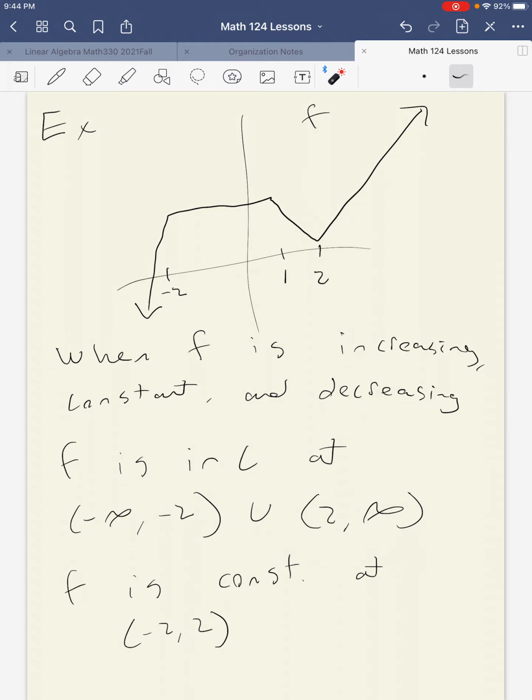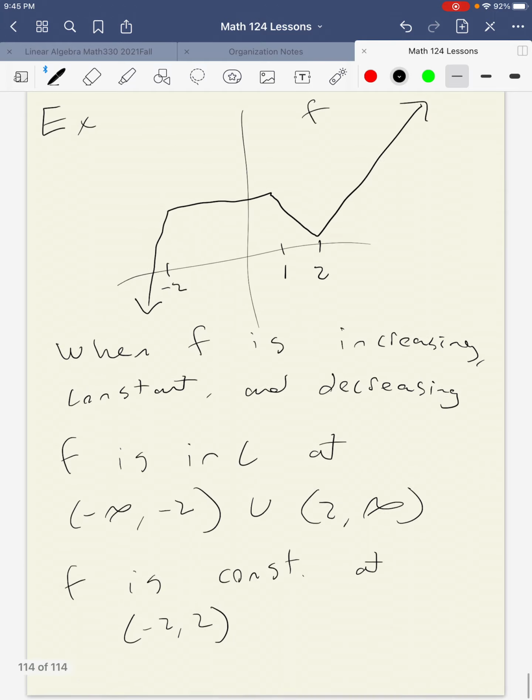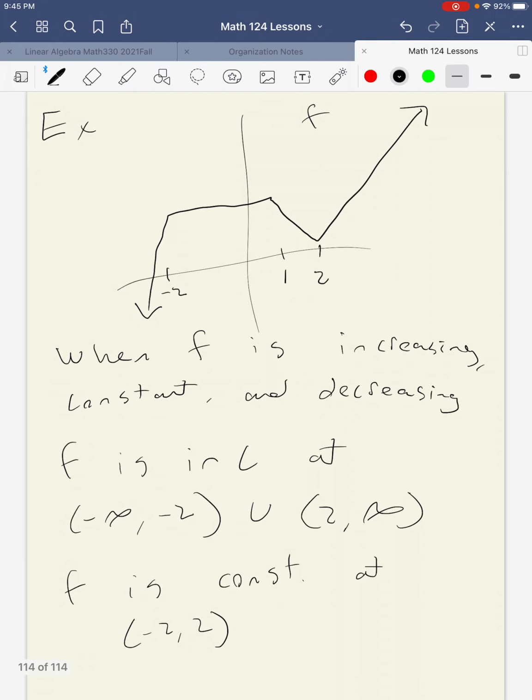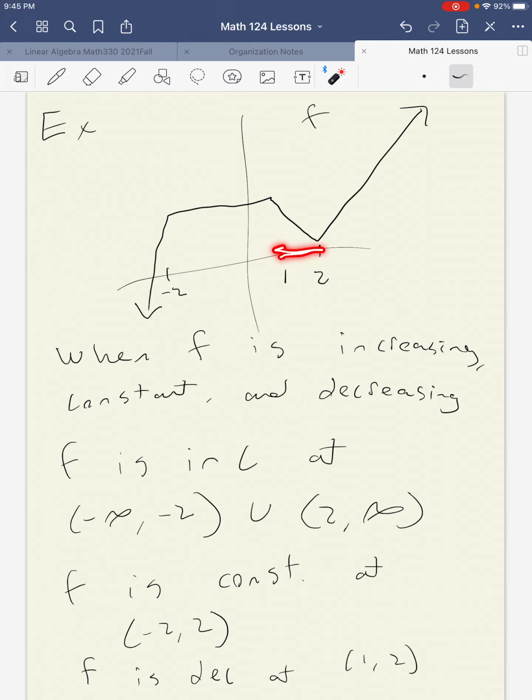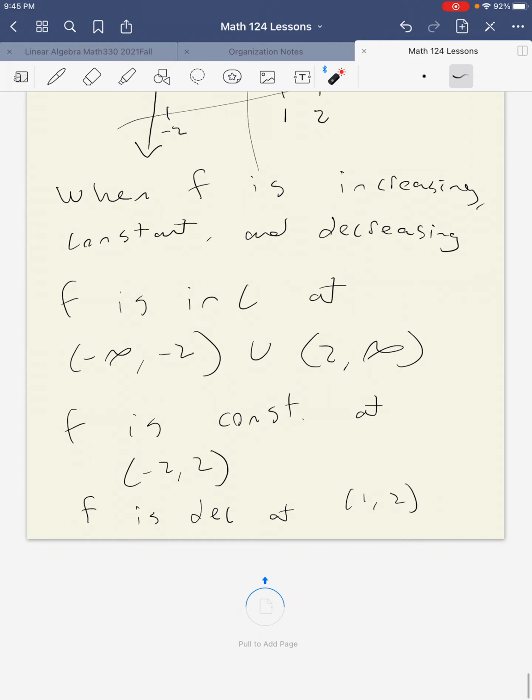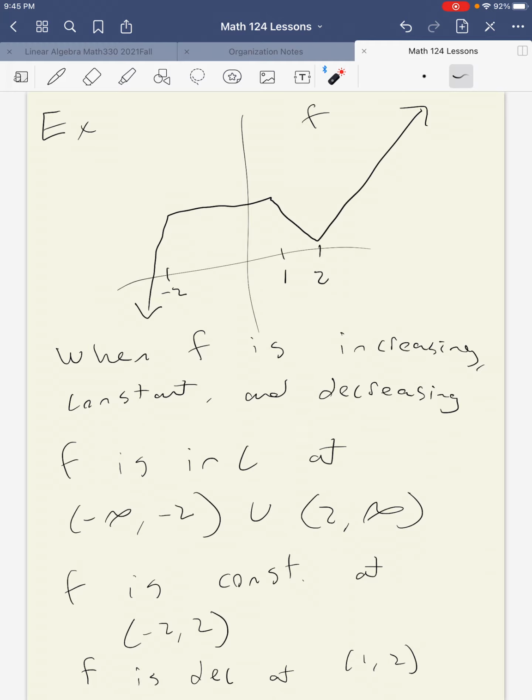As you can see from the graph, when x is here, the graph is constant. Okay, lastly, f is decreasing just from 1 to 2. As you can see, x is 1 to 2, that's when the graph is decreasing.